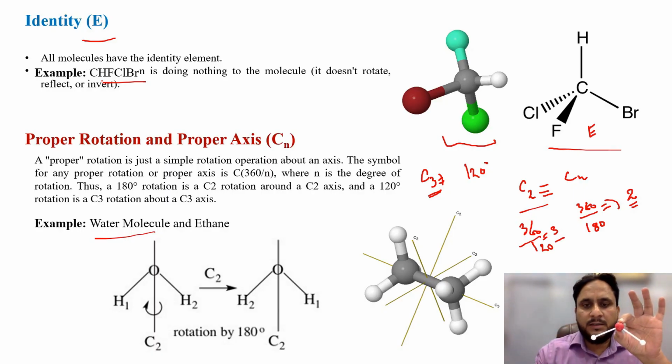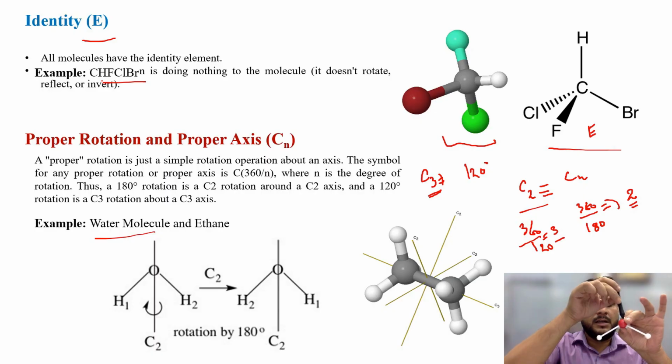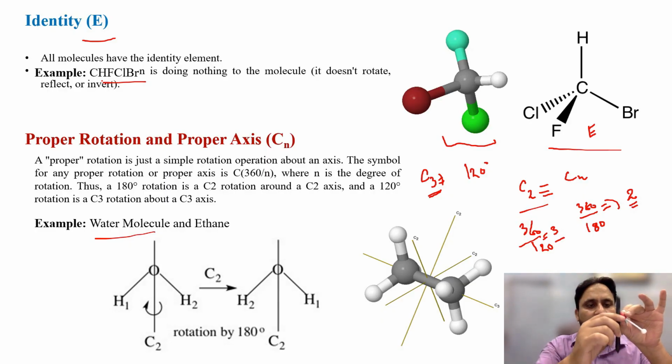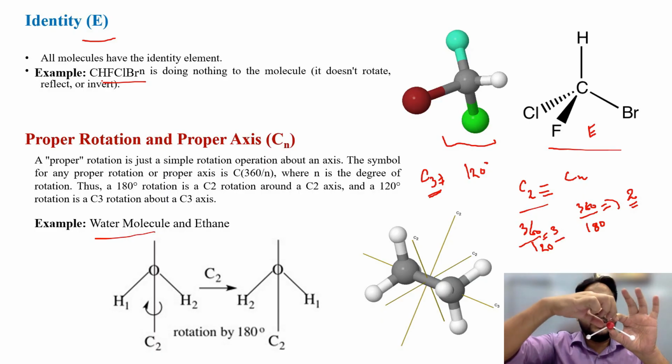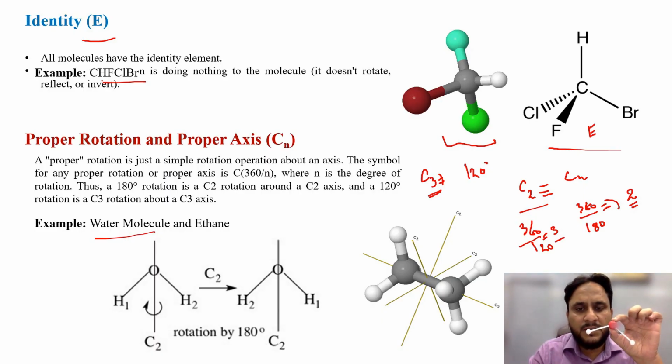The C2 axis is the axis that passes through this molecule from top to bottom. If we draw a line from the top of this red ball and it passes through it, then with the help of that line, if we rotate the molecule by 180 degrees, the molecule still remains the same. It still contains oxygen in the middle and two hydrogen atoms.